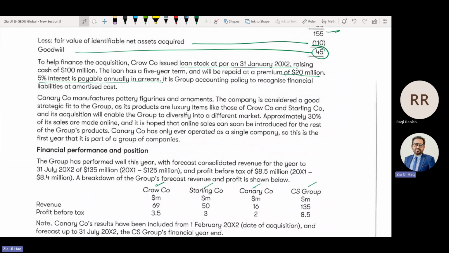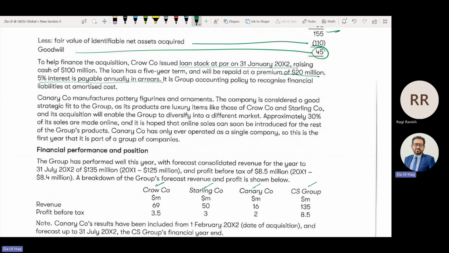Canary Company manufactures pottery, figurines, and ornaments. The company is considered a good strategic fit to the group, as its products are luxury items like those of Crow Company and Starling Company.